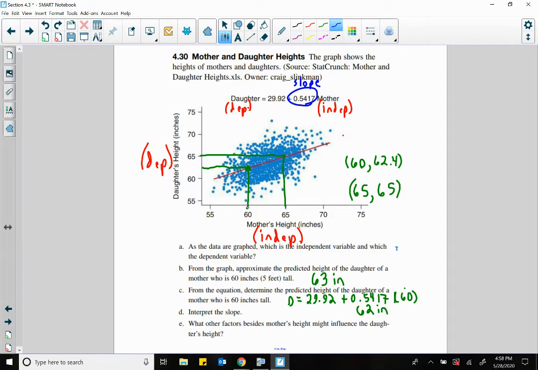As your mother's height increases by 1 inch, the average height for your daughter will increase by 0.5417 inches.